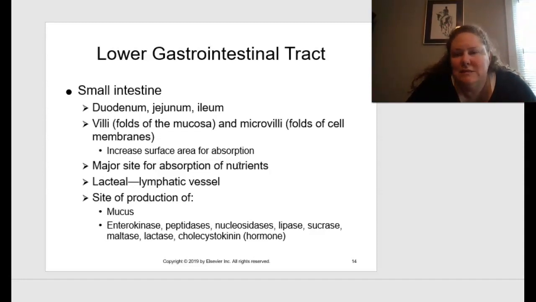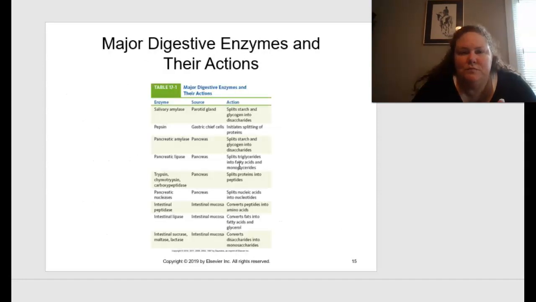Because of this, it's the major site for absorption of nutrients. We also have a lacteal, which is the lymphatic vessel, and this is the site of production of mucus, enterokinases, peptidases, nucleosidases, lipases, sucrases, maltases, lactases, and cholecystokinin, which is a hormone.